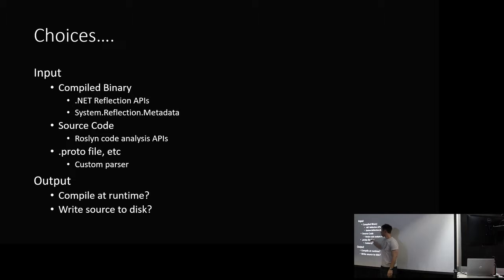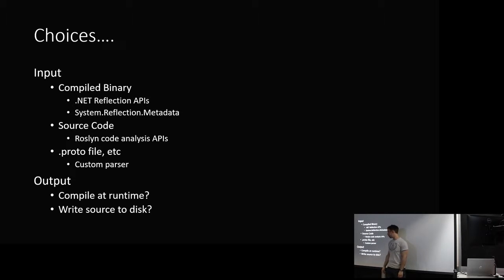Or do you want to do source code analysis and then use Roslyn's code analysis APIs? You can also just write a custom parser. And then as for output, either you can compile it at runtime or you can write the source file to disk. In this case, obviously that's not supported on AOT, but in Orleans, we do both.